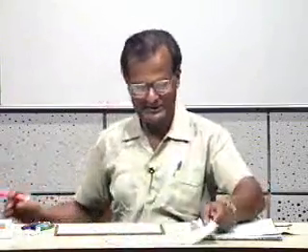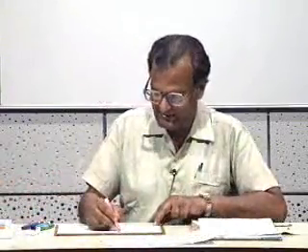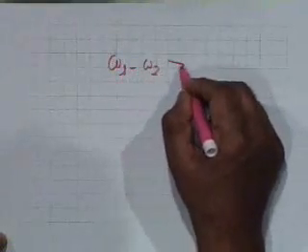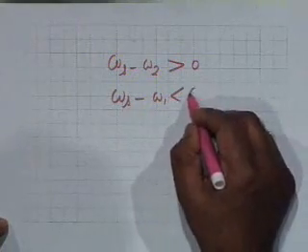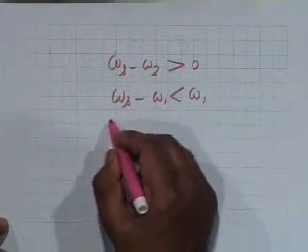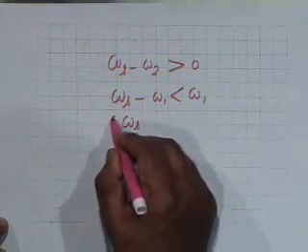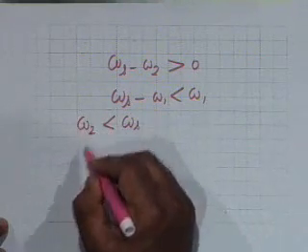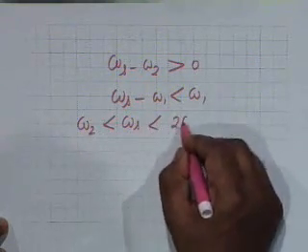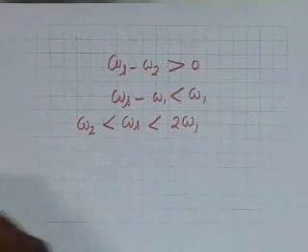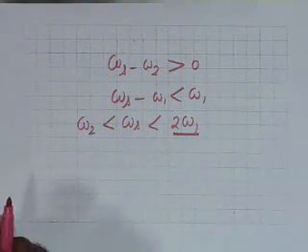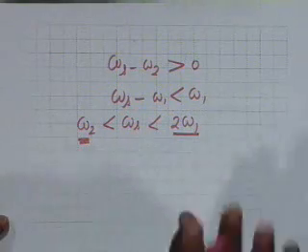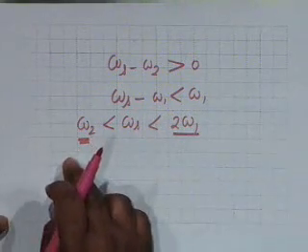Alright, let's write this equation again, and then we shall have fun. Omega s minus omega 2 is greater than 0, and omega s minus omega 1 is less than omega 1, which means that omega s should lie between omega 2 and 2 omega 1. Now for this to be true, obviously the upper limit should be greater than the lower limit.